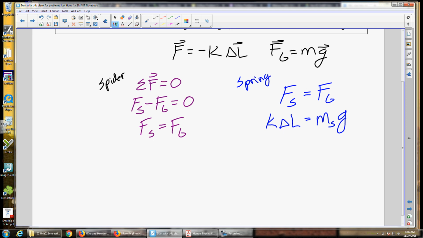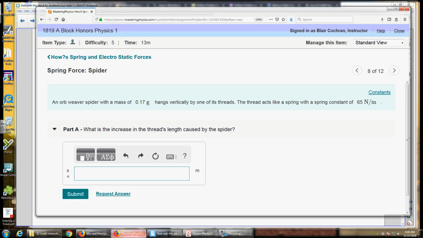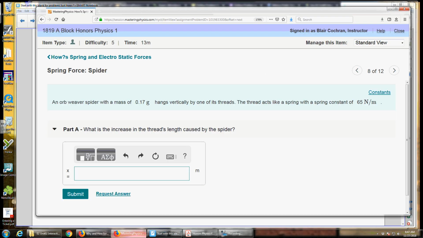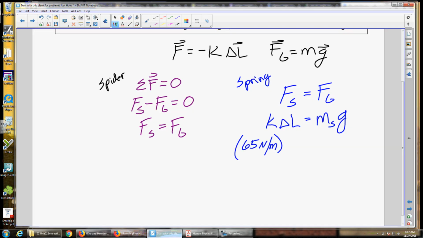And I think they tell me my K, my spring constant, 65 newtons per meter. I know you guys like to substitute in right away. Was the increase in the length, so that is my delta L, which is what I'm looking for.